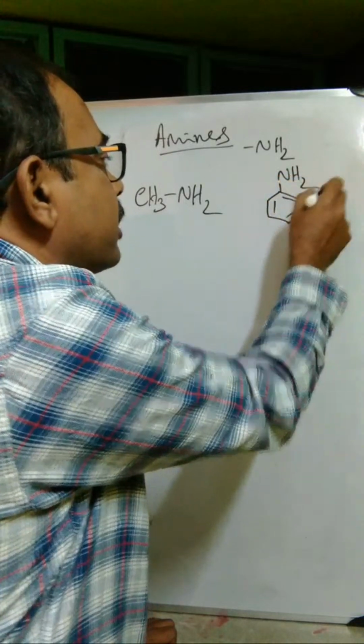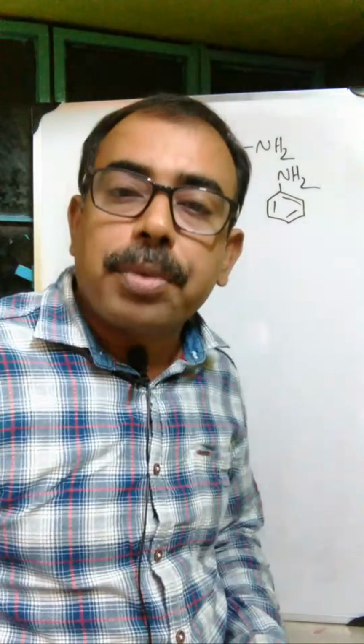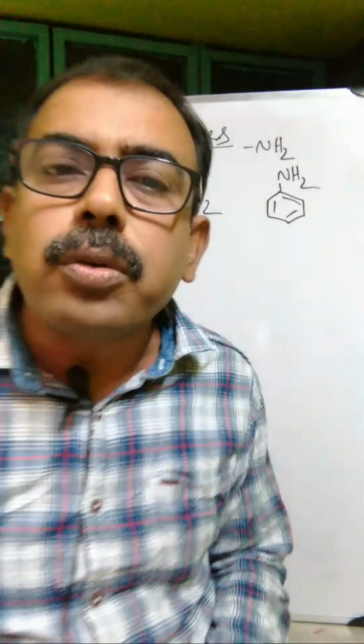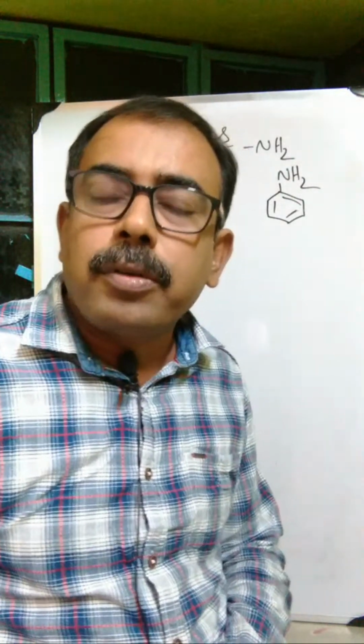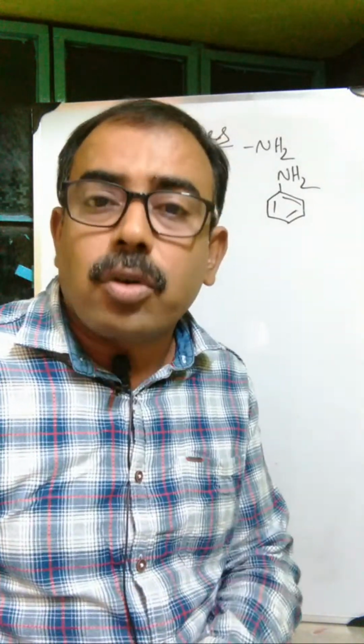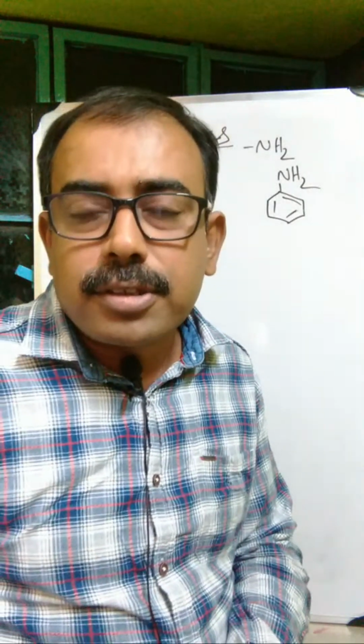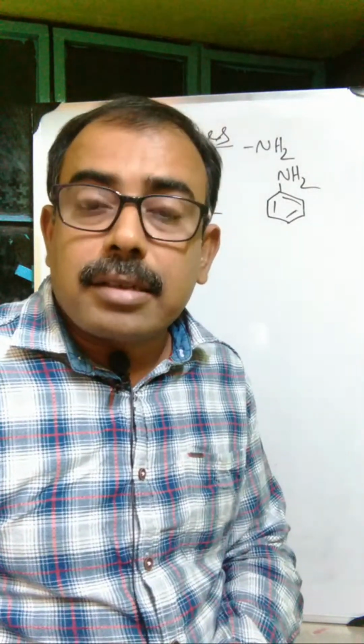First of all, in amines, the nitrogen carries a lone pair of electrons, and you know the compounds which can donate lone pair electrons to others are called a base, a Lewis base.